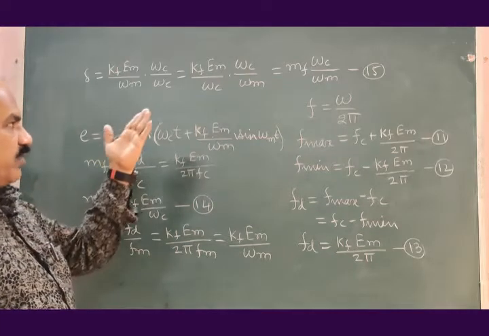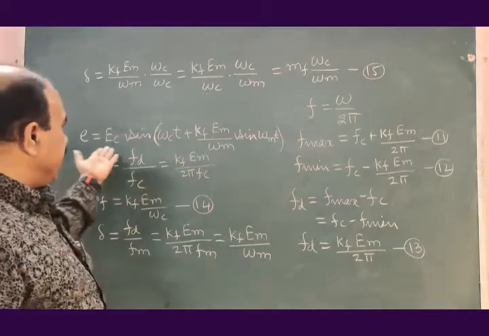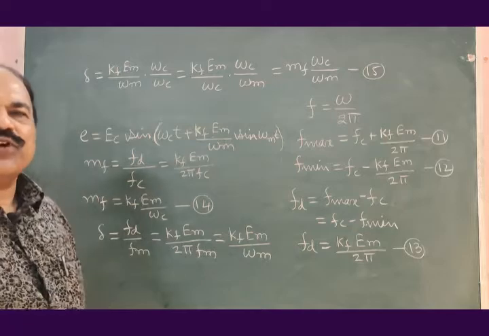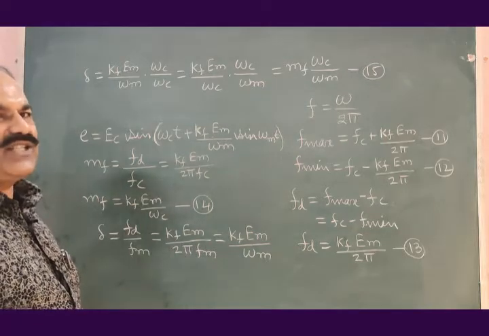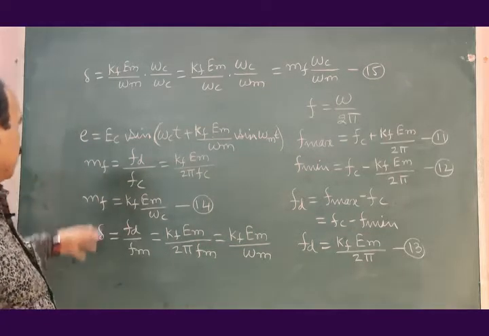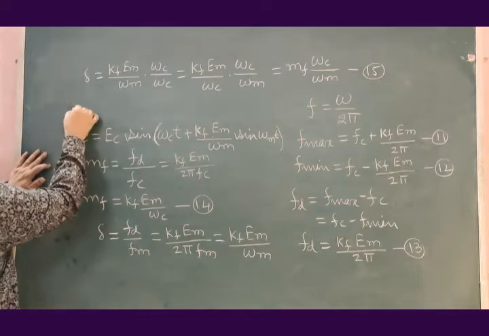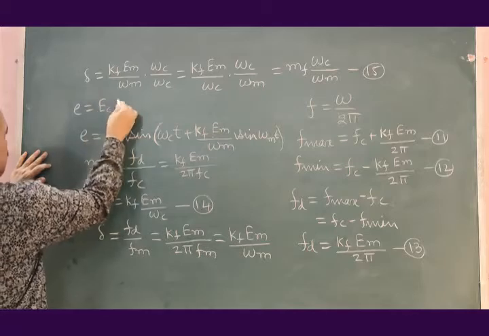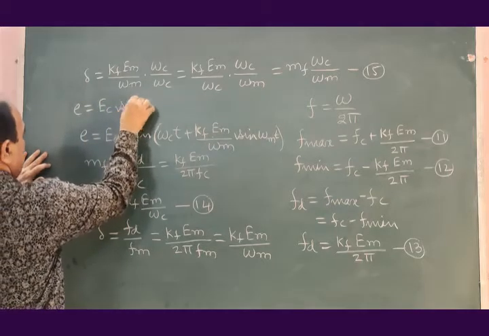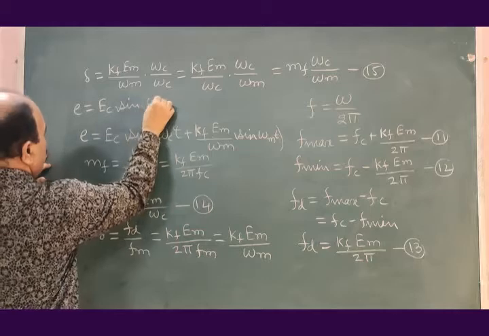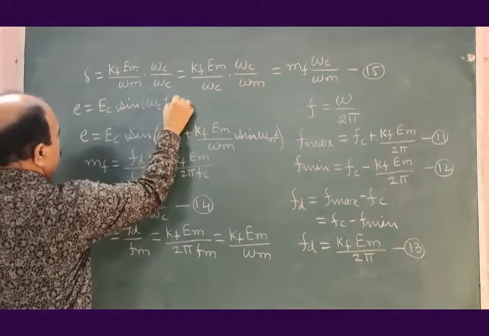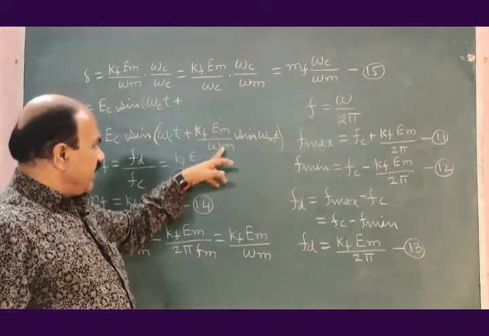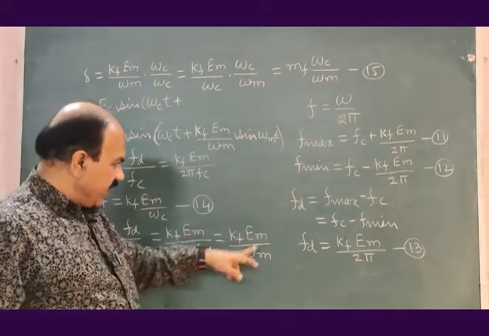Let us make use of equation 15 in equation 9. What is equation 9? It is the expression for the frequency modulated voltage. So this equation may further be written as e is equal to Ec sin of omega c into t plus kf em by omega m sin omega m t.